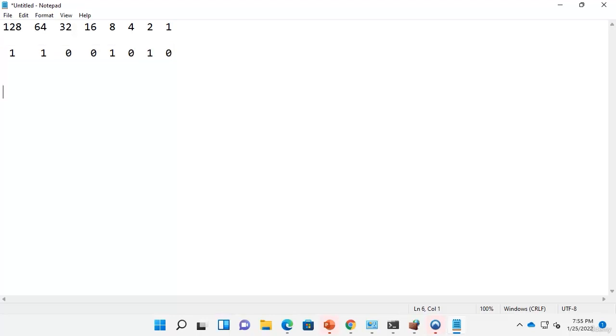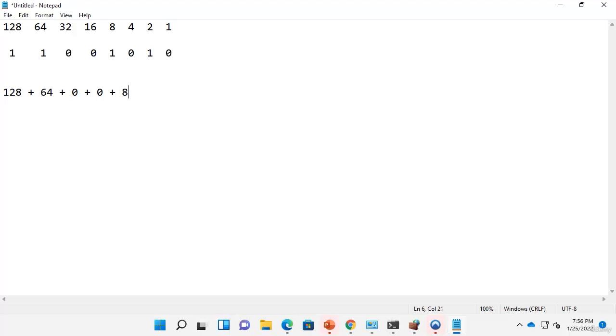In order to convert from binary to decimal, we just count the values that have a binary 1, okay? So we're going to add 128 plus, we're going to count the 64-bit. We're not going to count the 32-bit, but I'll put a 0 there just for clarity. We're not going to count the 16-bit because those are both zeros.